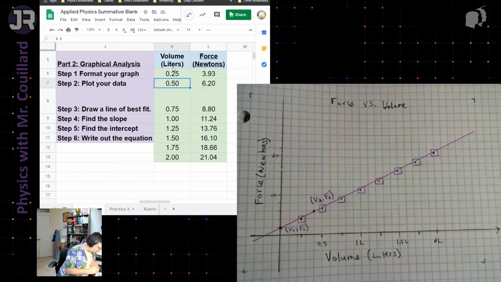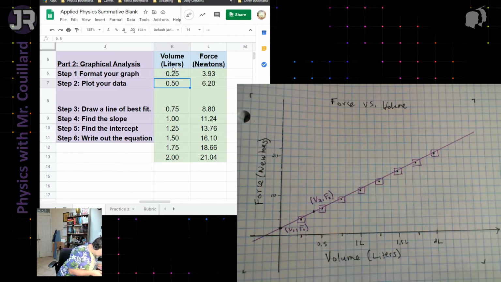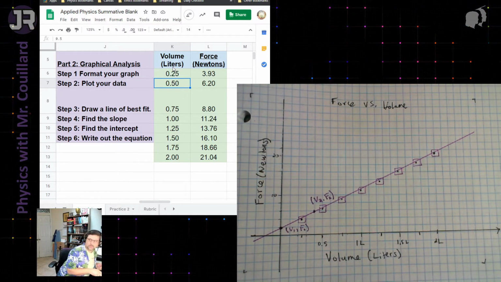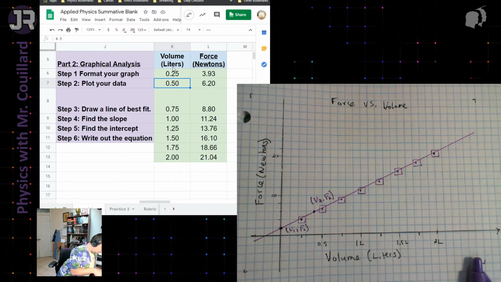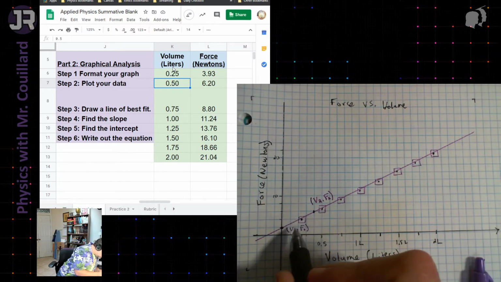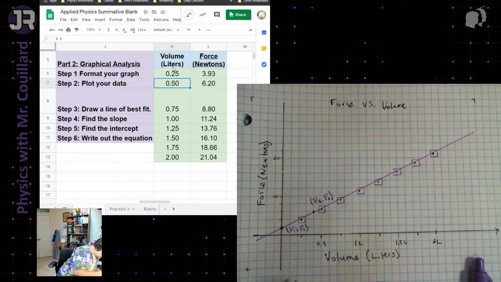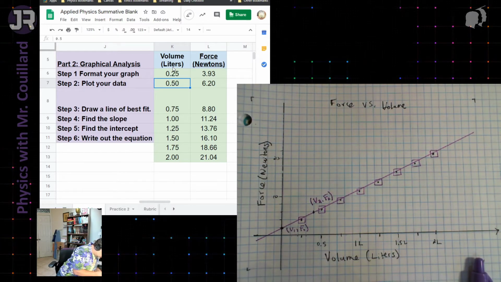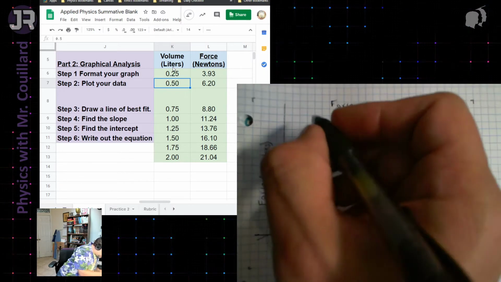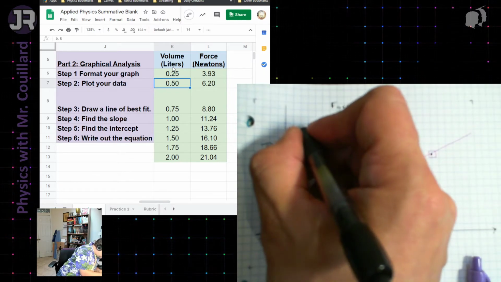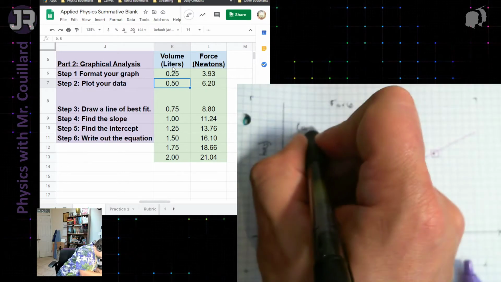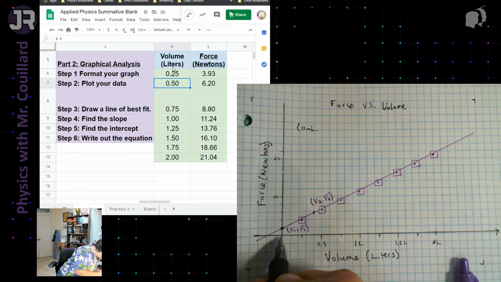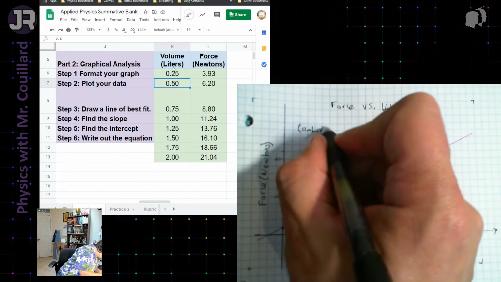Okay, so we have our 2 points. Let's get some values to these points. So our first one is going to be 0 milliliters and 2 newtons of force.